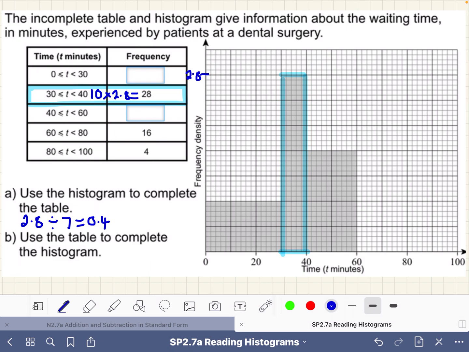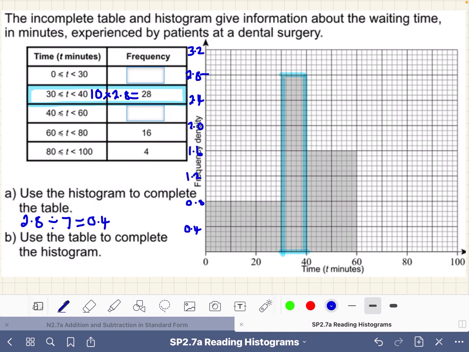So our scale goes up in 0.4s. So 0.4, 0.8, 1.2, 1.6, 2, 2.4, and right at the top, 3.2.